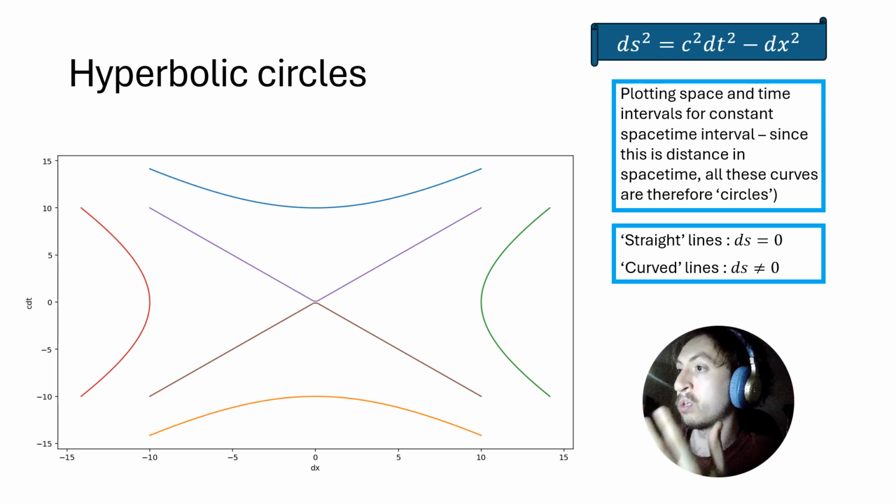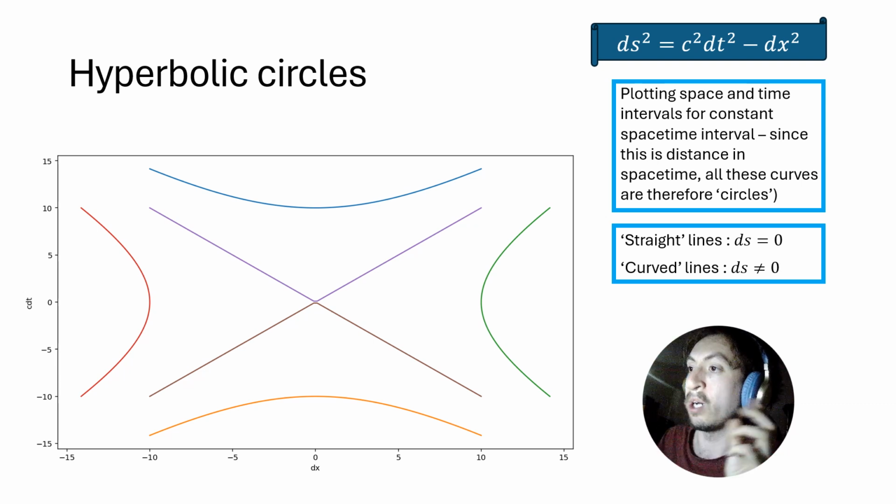And so to describe that, we will naturally be making reference to hyperbolic circles and rotation in hyperbolic space, where we can define angles to infinity without having any kind of periodic repeating nature.